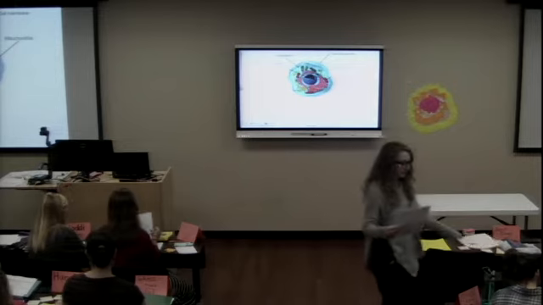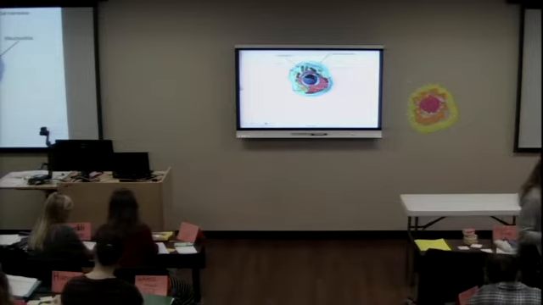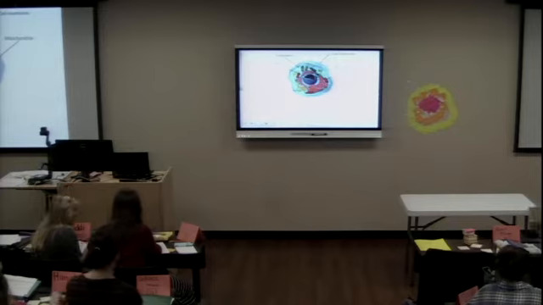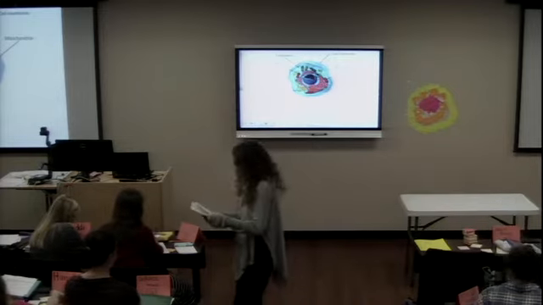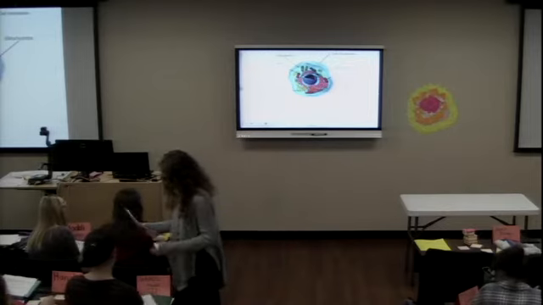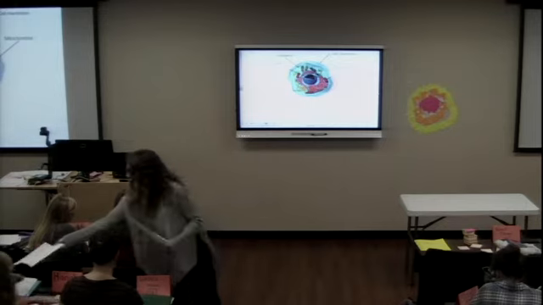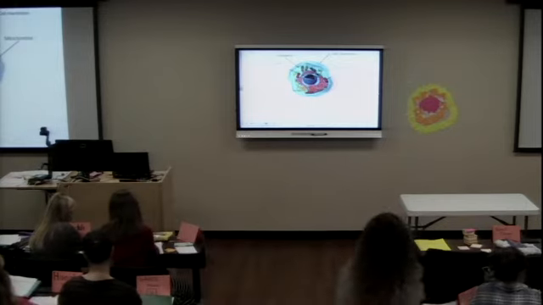So our first direction for the top part, for those of you who don't have one yet, you will. So you're going to name the function of each organelle listed. And then after that, you are going to label the parts of the cell. And then you are going to answer one multiple choice question. Sorry, Julia. There you go.